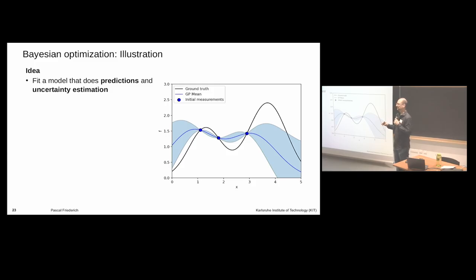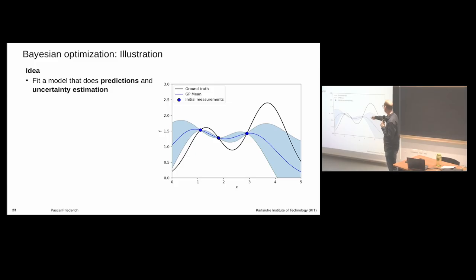If you want to be very efficient, then you do it like her. You measure the upper confidence bound or some other thing that mixes the mean prediction and the uncertainty. And if you're really, really impatient and you want to make good results as quickly as possible, then you only look at that blue line and take the maximum of that, because that's the most likely outcome of the experiment.